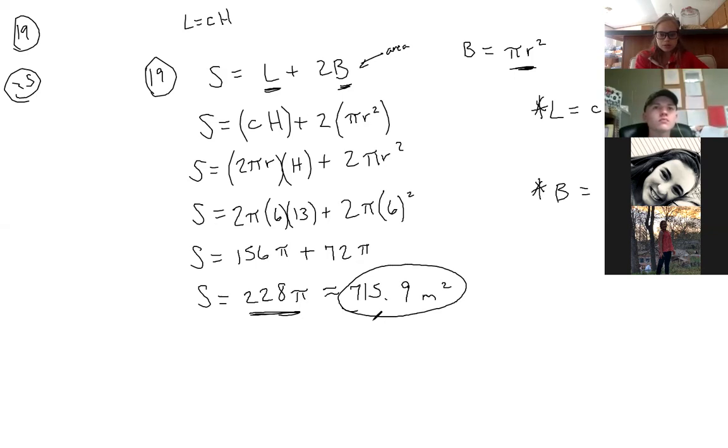Okay. So I just had 228 pi meters squared. So if you do that, when you check your answers, you'll need to take your calculator out and multiply 228 times pi to see if you're right. Okay. All right. And then let's do number 25.